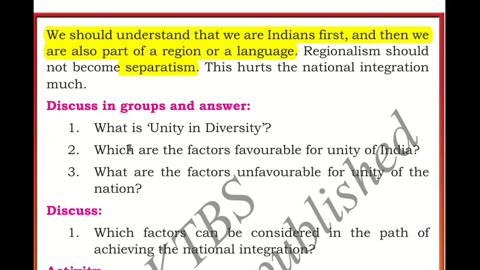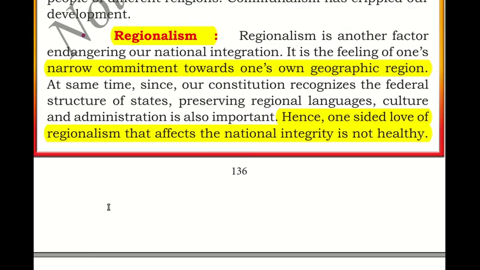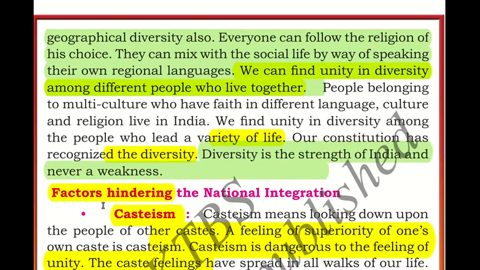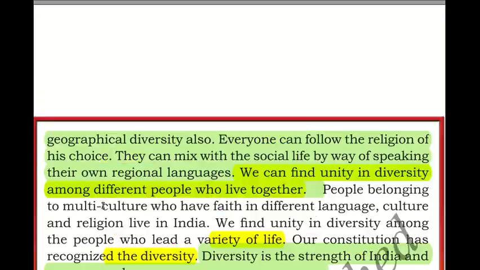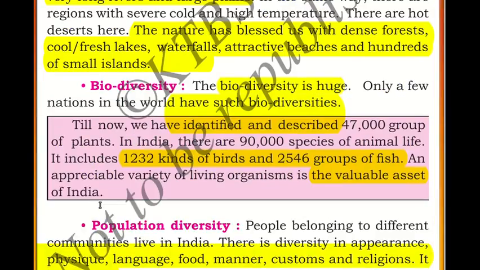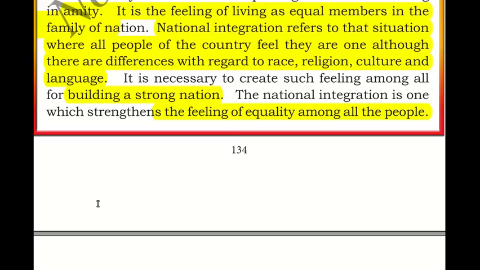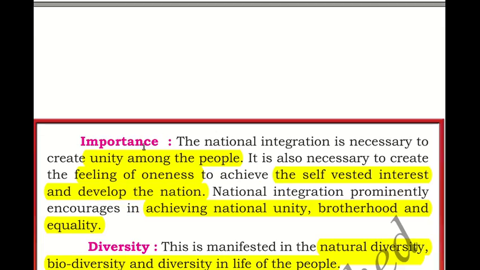Let's look at the second discussion. Which are the factors favorable for unity of India? Let's look at the factors that are favorable to achieve unity in our country. So we talked about the different national symbols and how they are important in achieving unity.